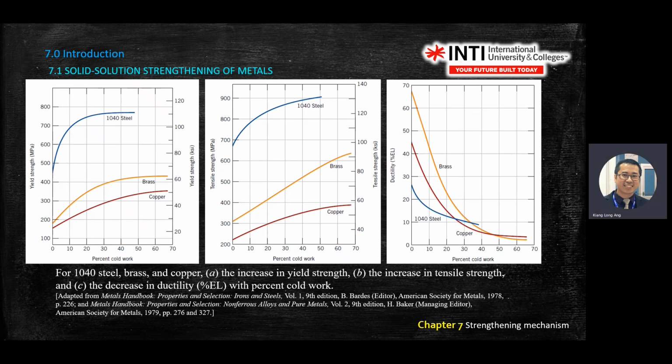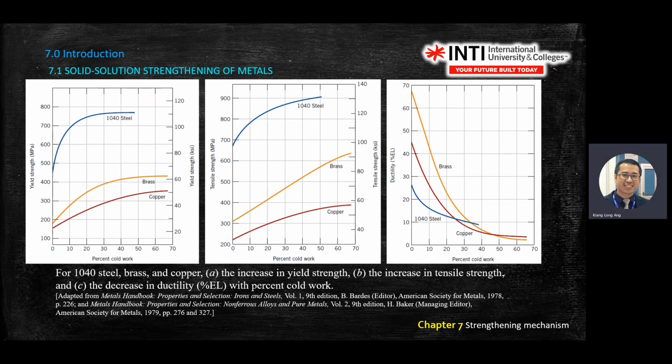This one you cannot use because the customer wants, let's say, 300 megapascal. So you reject the third element. Then you only look at brass or copper. So brass or copper gives you maybe this one 12% cold work. This one maybe 32%.